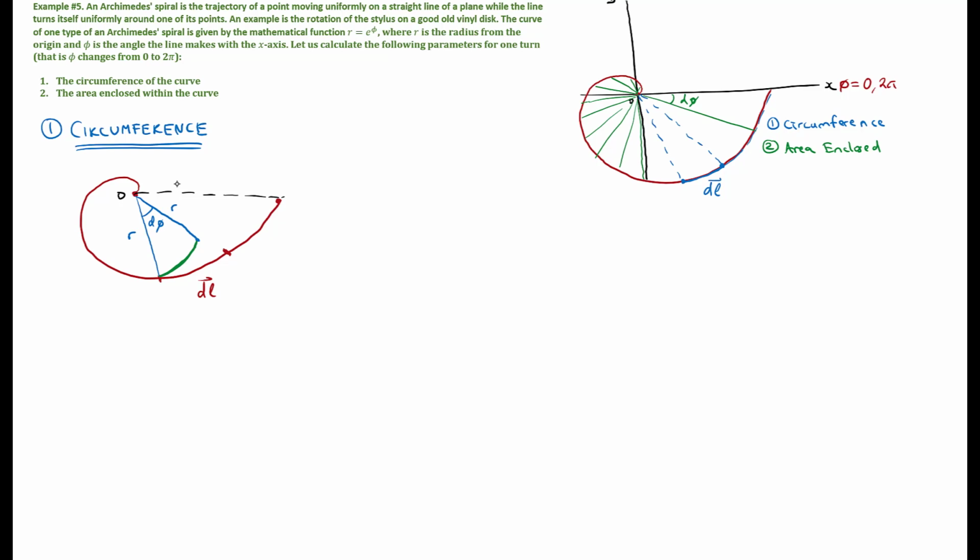So we have a change in phi. Apart from that, there's this piece that's missing over here, and that is going to be in blue. I'm going to draw this a little bit thicker. That is going to be the change in radius. So we have d phi and dr, and the last thing I haven't labeled is right here in green, which is r d phi from our polar coordinates.